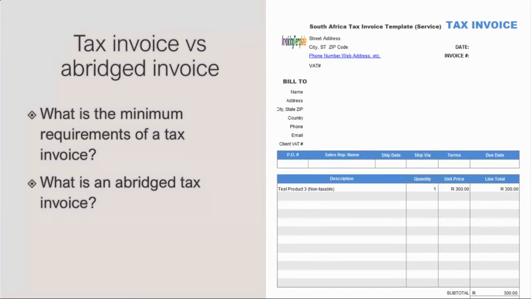So that is when we call it an abridged tax invoice. Because the values are quite insignificant and quite small, SARS decided not to create a bigger burden on your buyer and seller to get the correct information. Anything under 5,000 does not have to have all of the information.